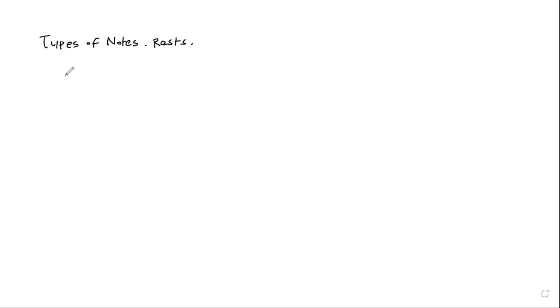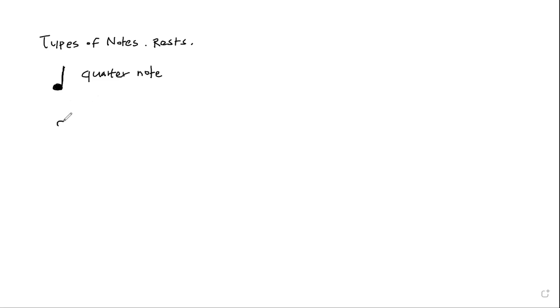Okay, so first of all, I'm going to give you the drawing. We have a black head and a stem. We call this one a quarter note. I'm going to give you the names of the notes.